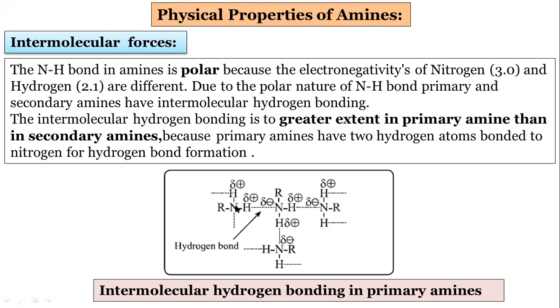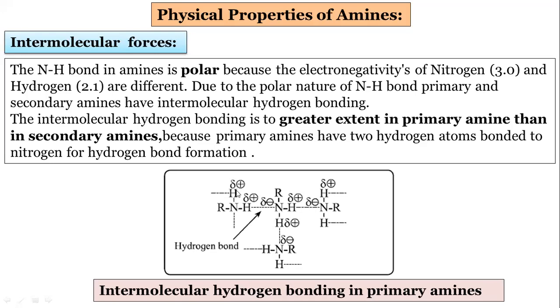That's why, due to this electronegativity factor, the N-H bond becomes polar. Nitrogen is more electronegative, so it pulls the electrons towards itself. It will acquire the delta minus charge and the hydrogen will acquire the delta plus charge.